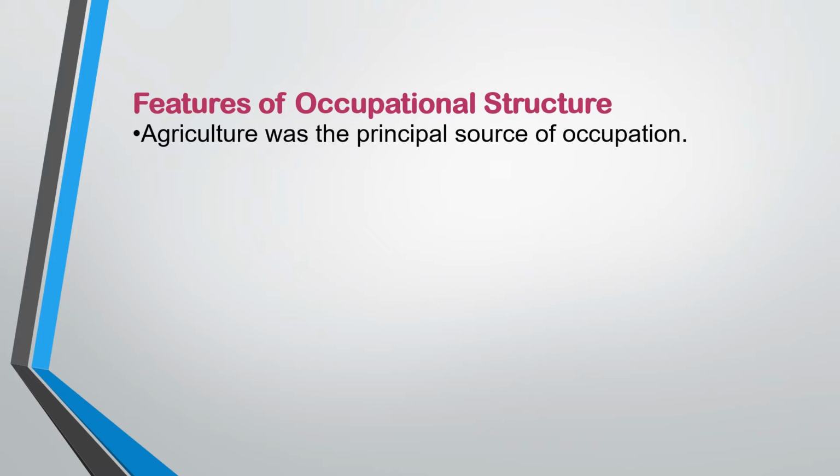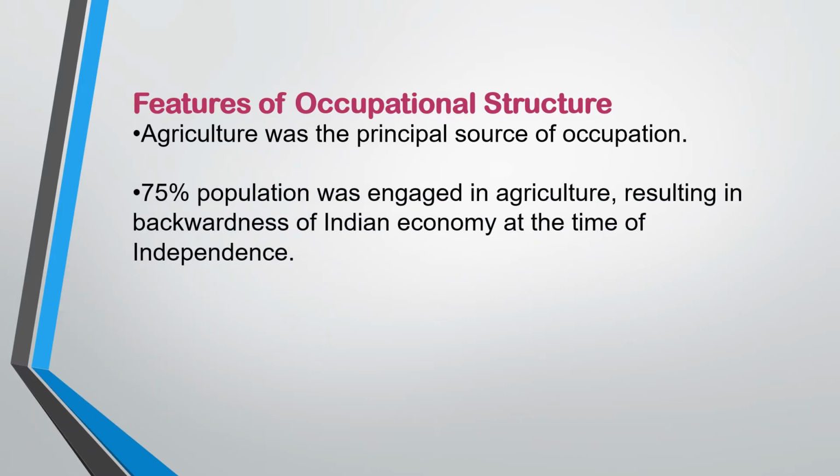First is agriculture was the principal source of occupation during that time. 75% population was engaged in agriculture, resulting in backwardness of Indian economy at the time of independence.